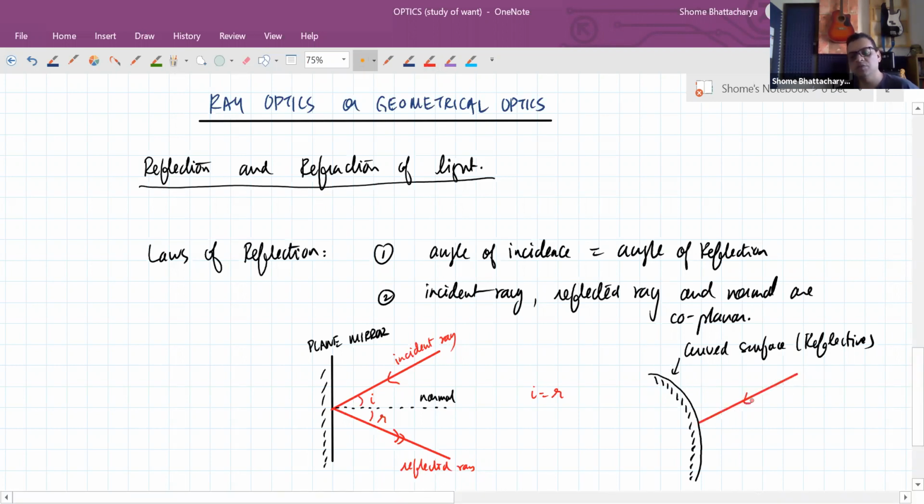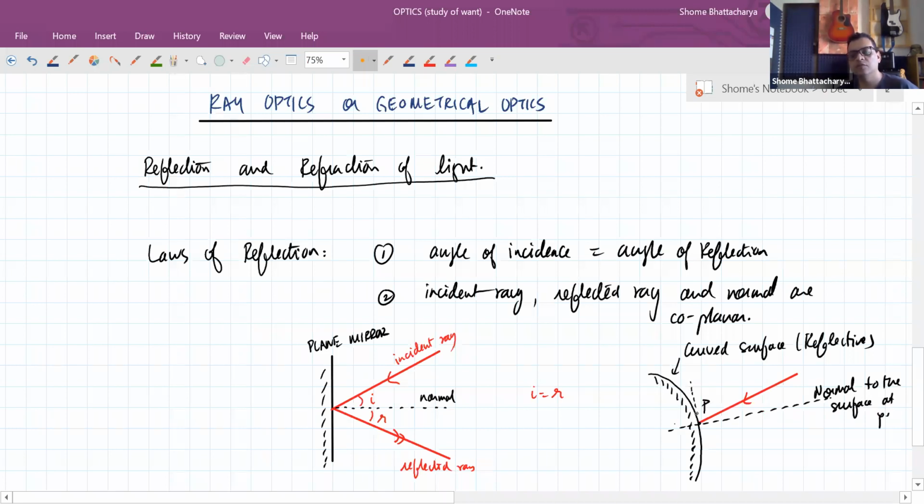So in this case, how will we find the reflected ray? What we'll have to do is, at the point of incidence, we have to drop a normal. So this is the normal to the surface at the point of incidence P.